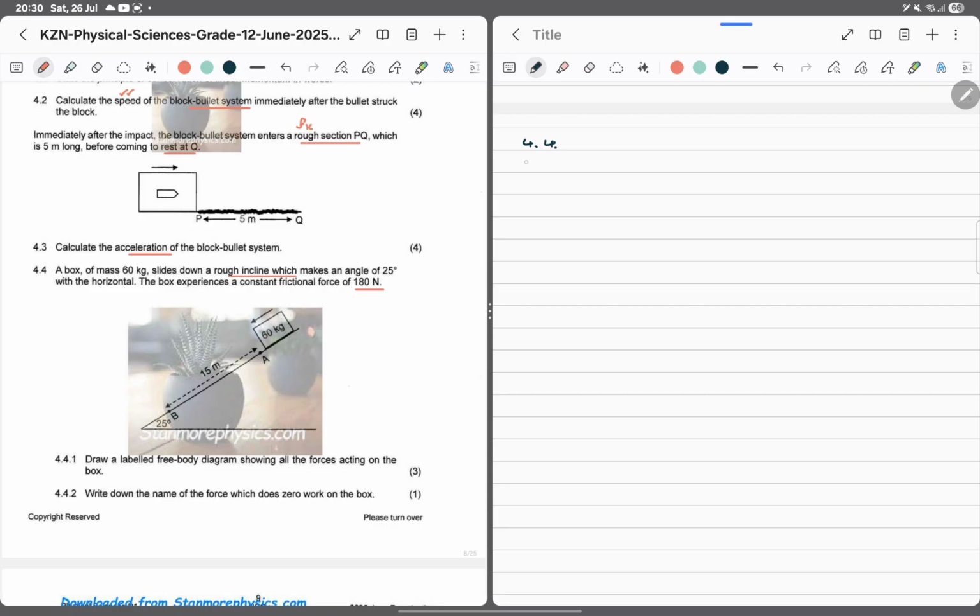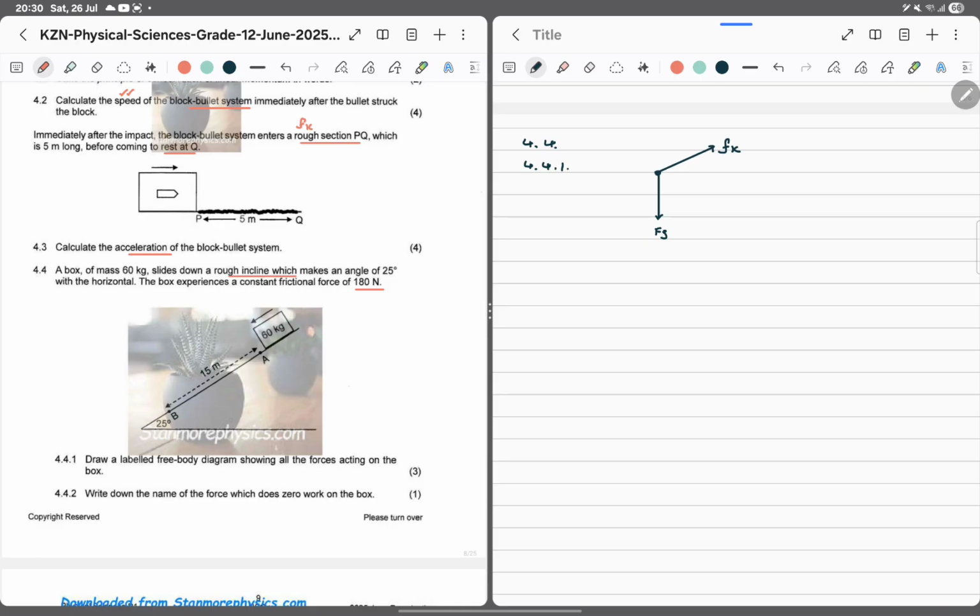Now 4.4.1. We are asked to draw a labeled free body diagram showing all forces acting on the box. Okay. So we've got the gravitational force straight down. Then there's going to be a frictional force parallel to the incline.